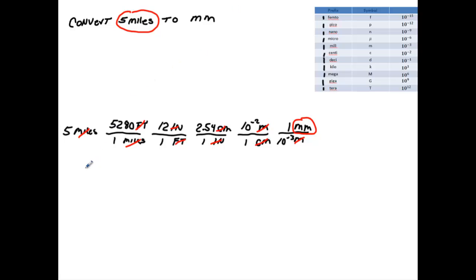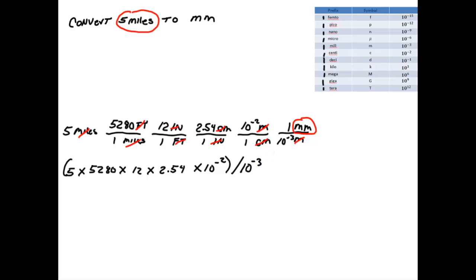So in your calculator, you would just do 5 times 5,280 times 12 times 2.54 times 10 to the minus 2, and we'll take that and divide by 10 to the minus 3. You don't have to put these in parentheses. So that's all you're going to do.